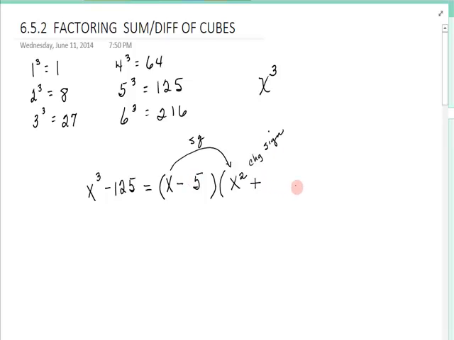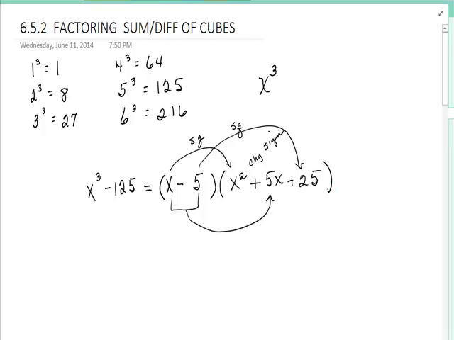The next position is the product of those. You've already got the sign, so just multiply them without the sign for 5x. And then the last position is the square of that, and that will always be positive.